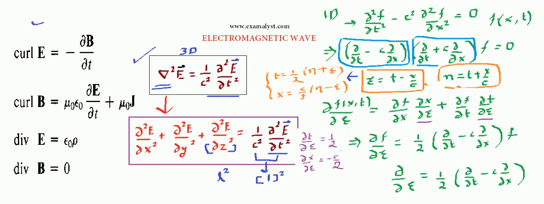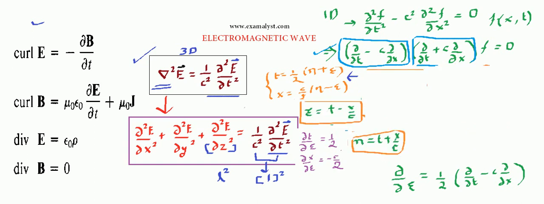Agreed? So now let me write this equation in the form of epsilon and eta. We can write this equation now as: first term is del by del epsilon, and the second term is del by del eta, into f equals to 0. So what becomes of this?